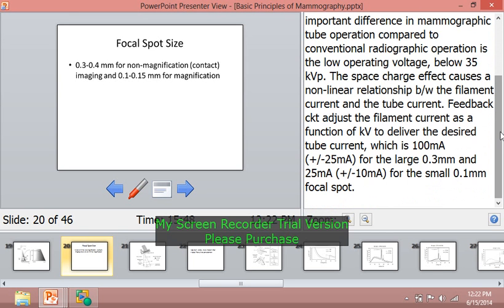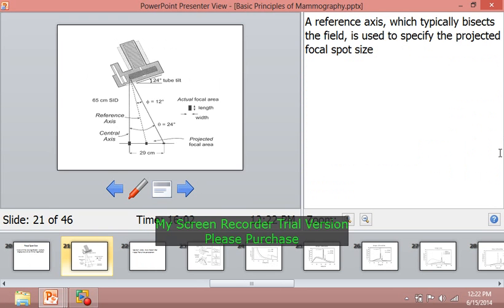Because the mammographic film operates at very low doses, especially below 35 kV, we require a very compact type of design. So this is how the anode angle affects.